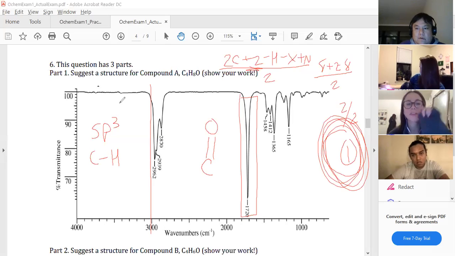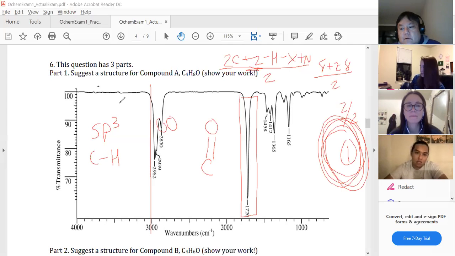I was talking about the one right next to the sp3, the 2870. That's one, that's not an aldehyde. Remember your aldehyde, how many peaks do you need to have there? Two. At 28 something and 27 something. So we don't have a peak at 27 something.